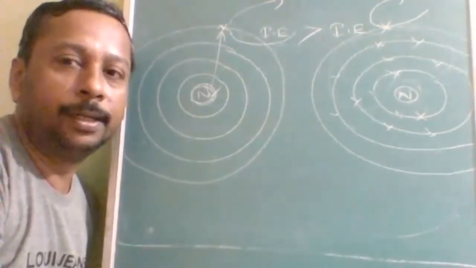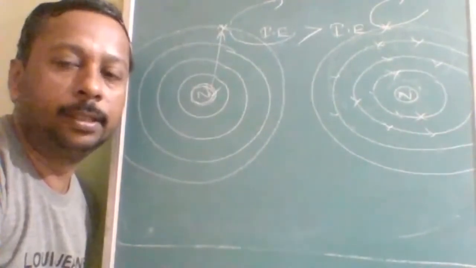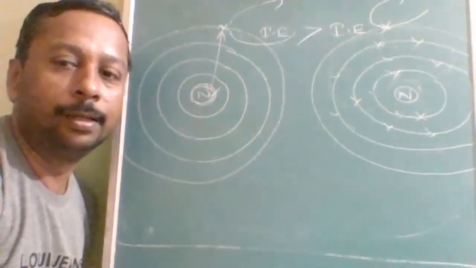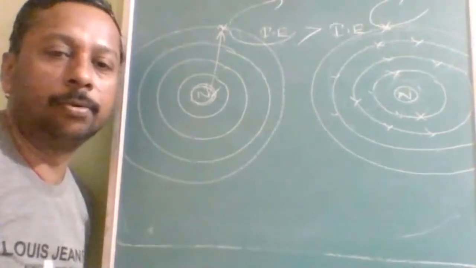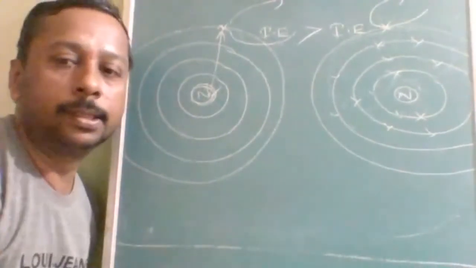Electrons are present in intermediate shells. Therefore, it is very easy. Less energy is required to remove such an electron. Okay, so the definition is clear.